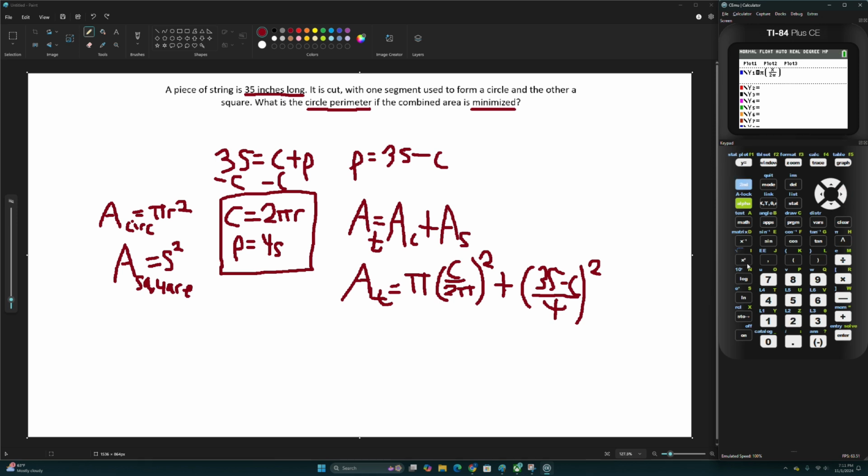We're going to square it, and add 35 minus x over 4. And of course the bounds here, which are kind of important but not really, the x has to be between 0 and 35.